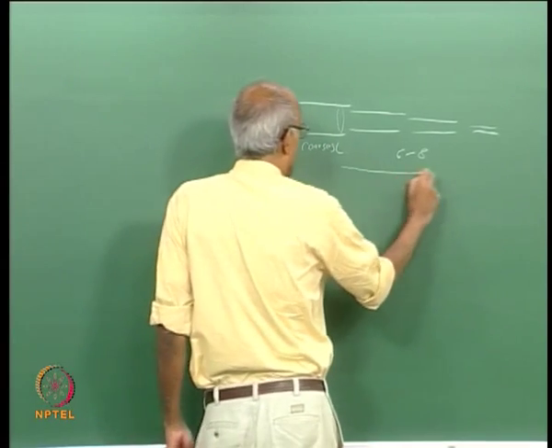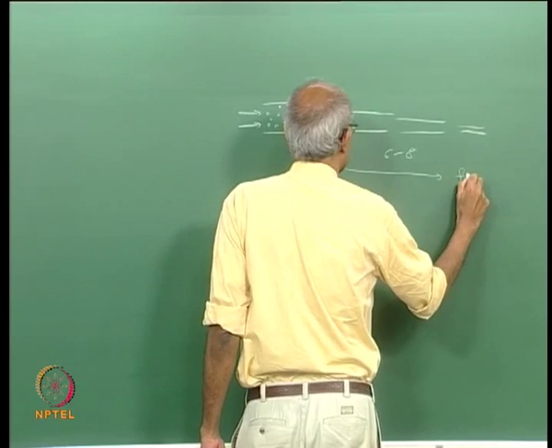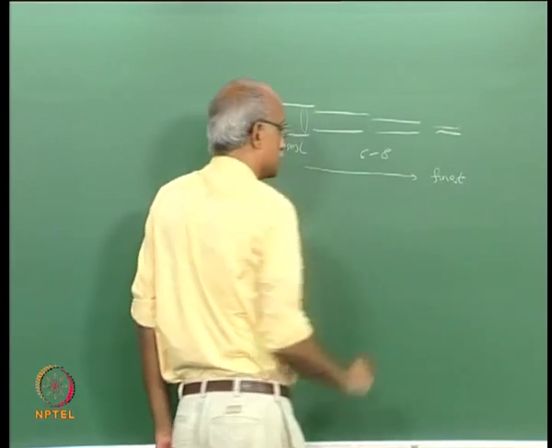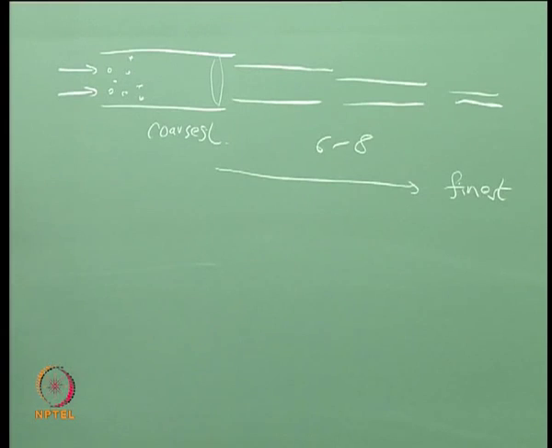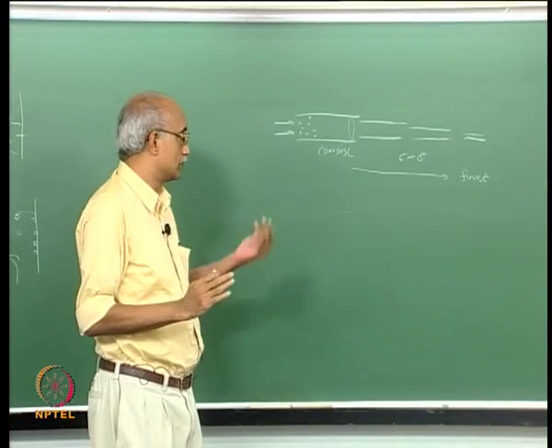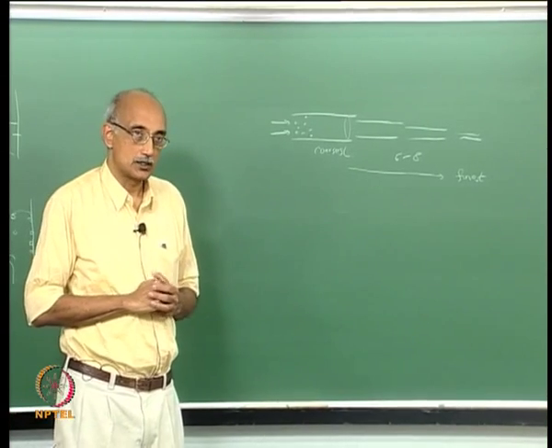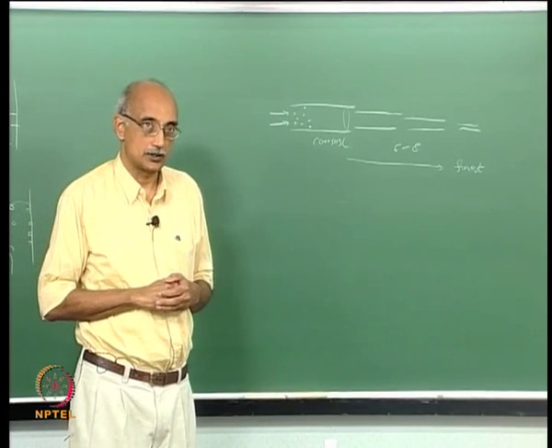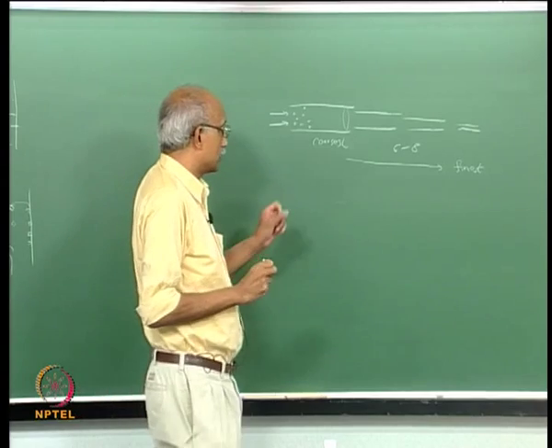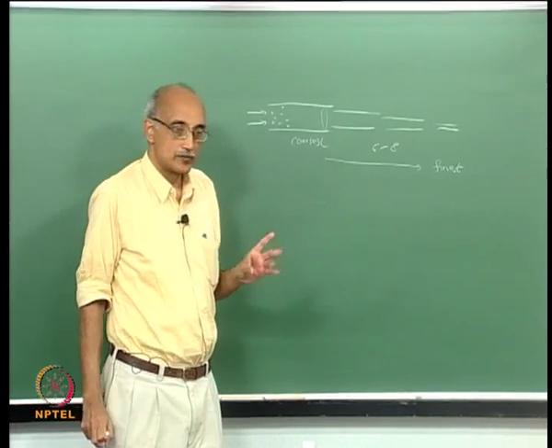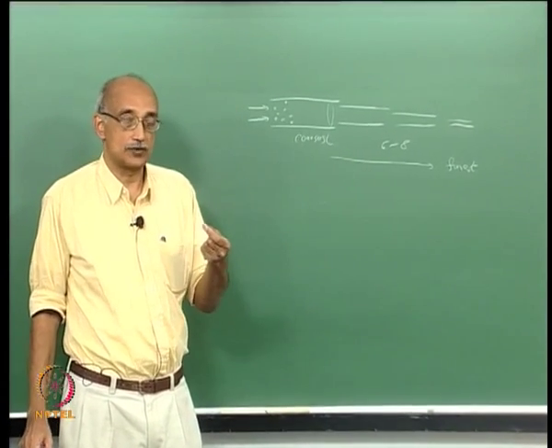So, as you go down this way, the finest particles will get collected in the last stage because the acceleration velocity is highest in that last stage of collection. So, this is a way of again collecting the particles while at the same time classifying them.